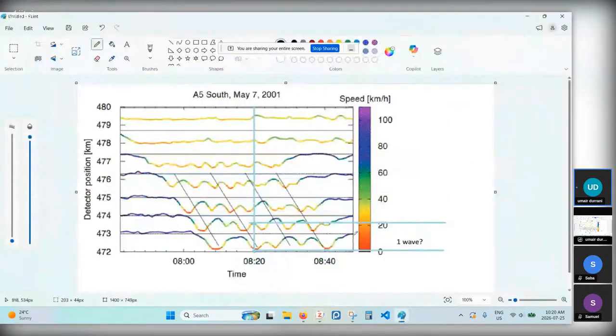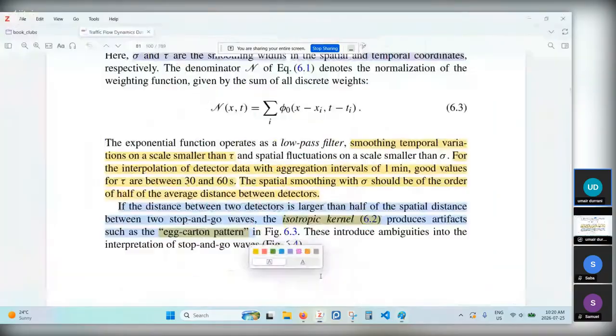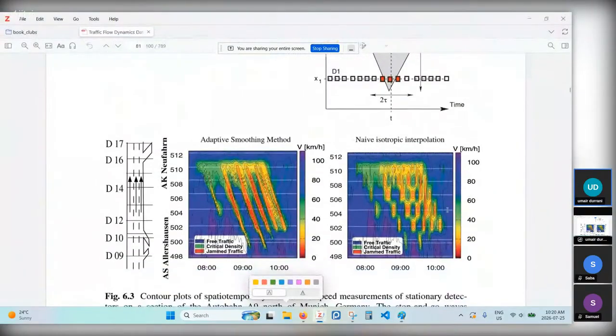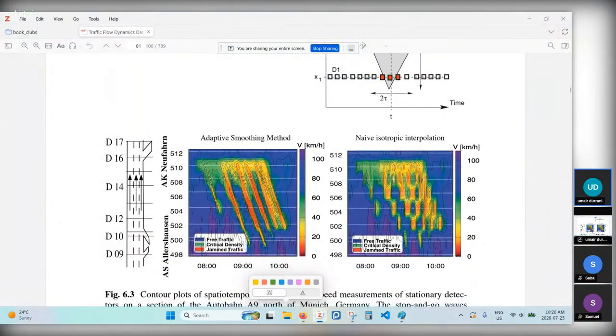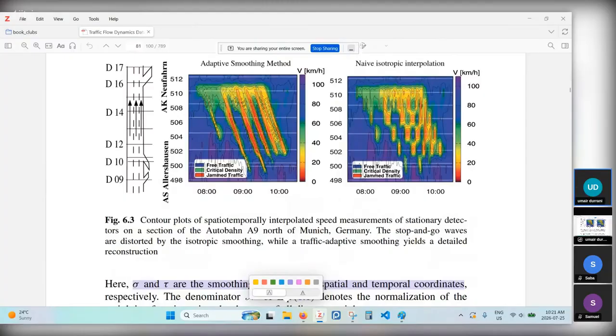So in our example, we have this as one stop and go wave, and then up to this point will be another stop and go wave. So these are two stop and go waves. If the distance between two detectors is larger than this, then the isotropic kernel would create this result, the right part of figure 6.3.